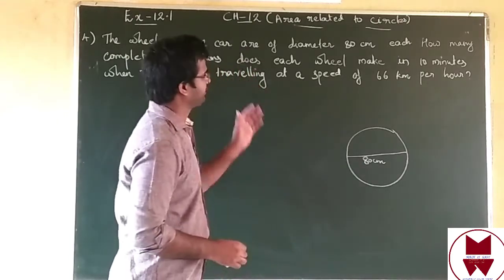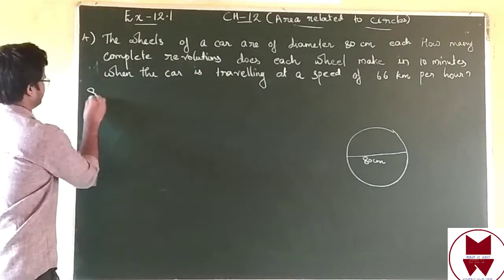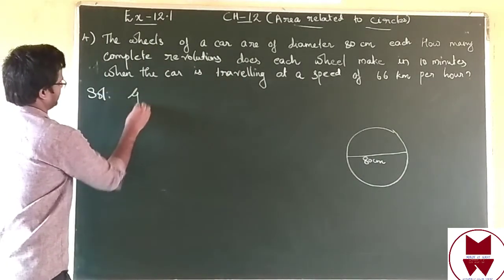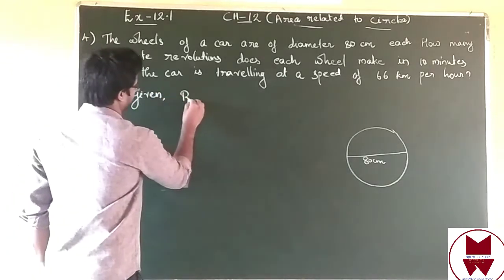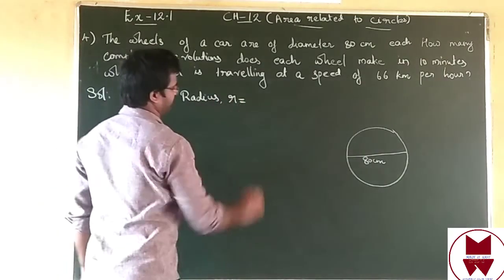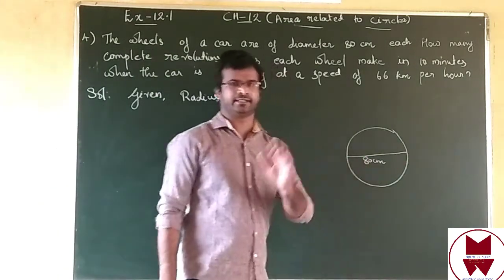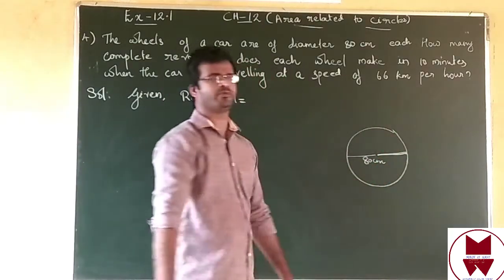And then what things are given? That we can write first. Given: radius of wheel. Here only the diameter is given, isn't it? Radius means half of the diameter. From here to here is only the radius, isn't it? Half of the diameter.